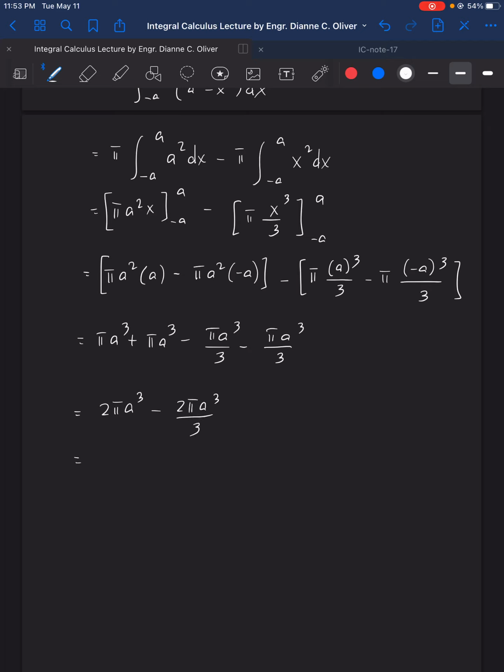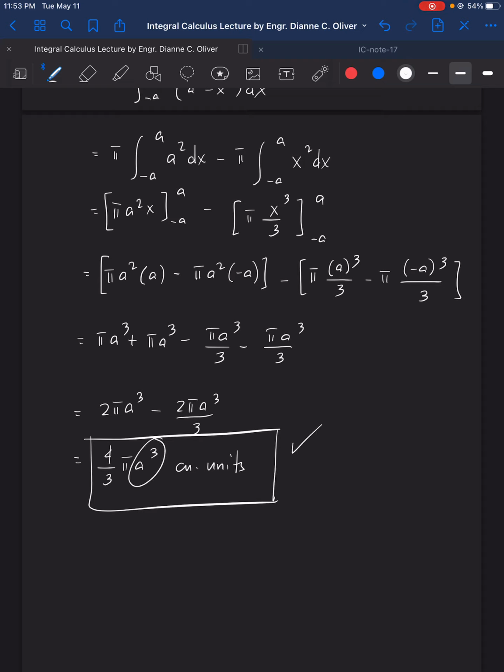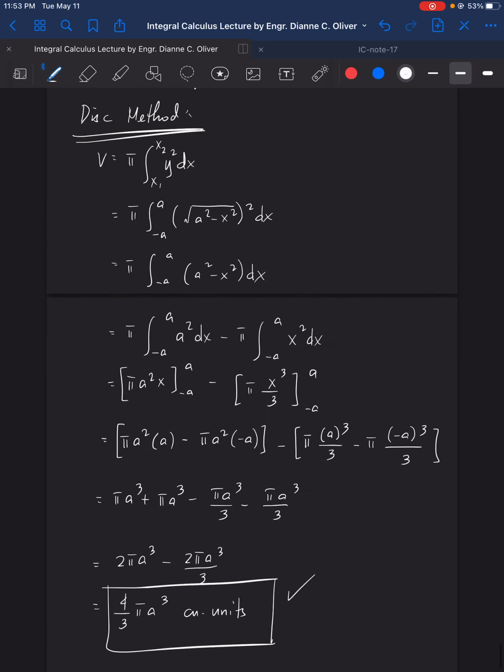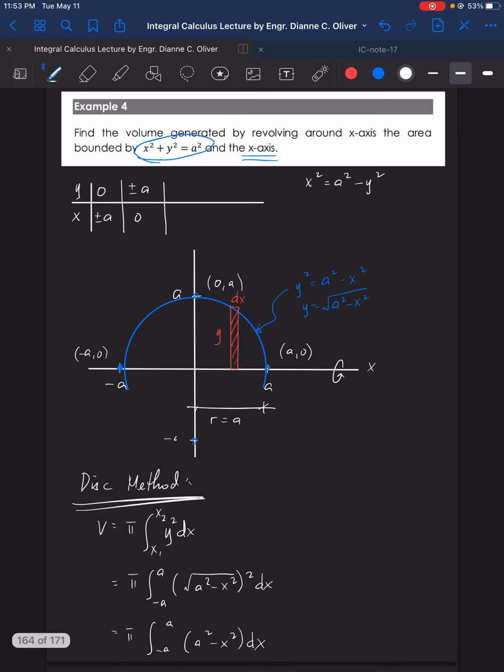That is 6 minus 2, that is 4/3 pi a raised to 3 cubic units. And this is the formula for a sphere having a as the radius. Okay, so that is correct. That's for number 4.